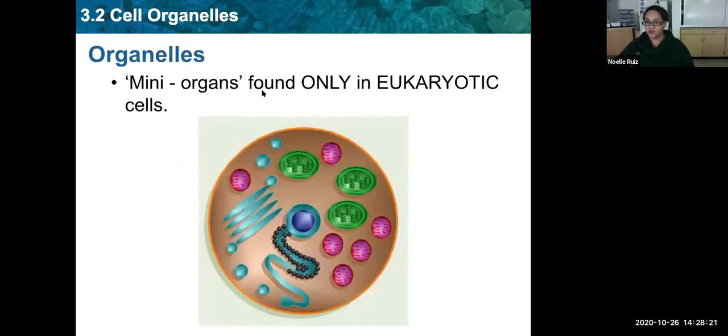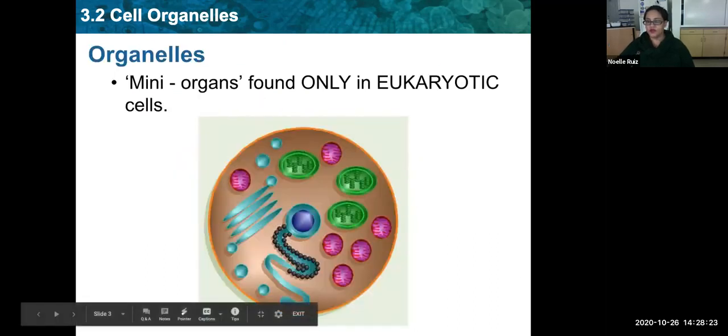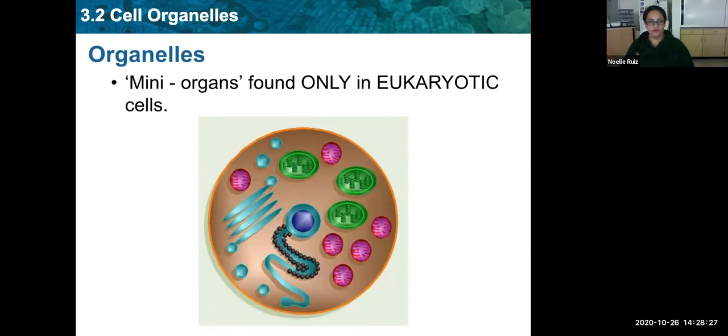So organelles, to review, are mini organs found in eukaryotic cells. They can look many different ways in many different pictures, but in general, they're going to have some stuff in common.